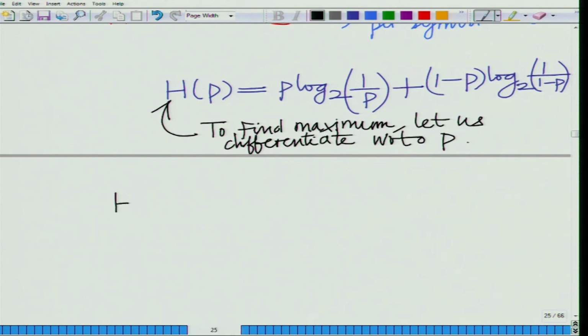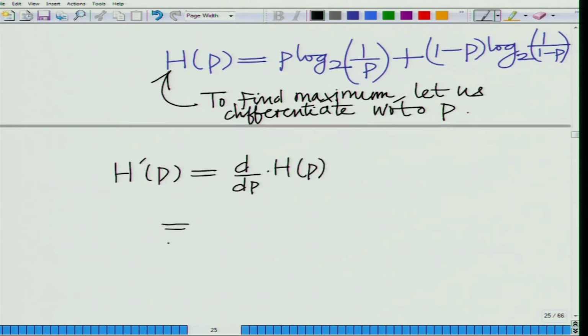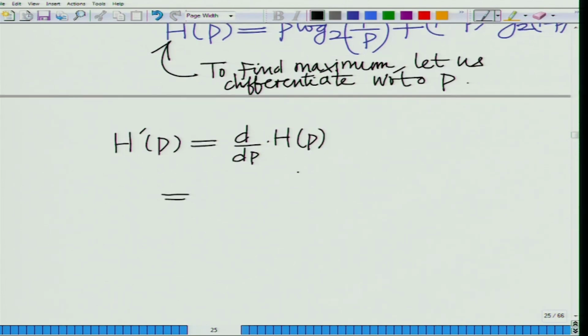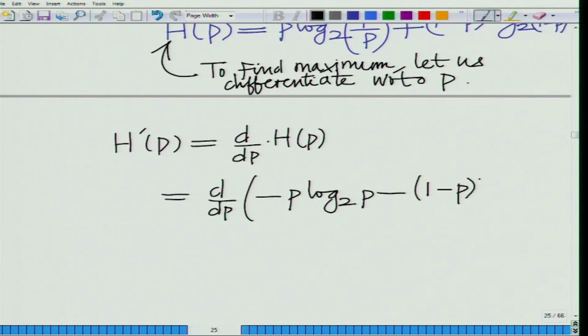So, h prime of p, the derivative, that is d over dp of h of p, well, that is p log to the base 2 1 over p, that is basically you can write it as d over dp of minus p log to the base 2 p minus 1 minus p log to the base 2 1 minus p.